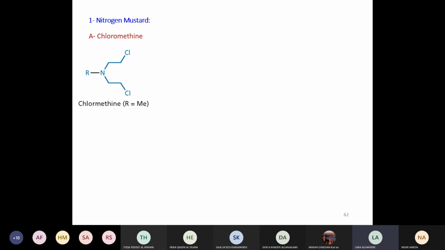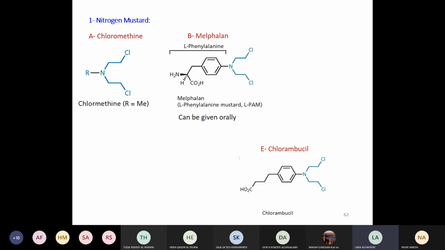The development of chloromethane was in order to give still alkylating agents, but less toxic alkylating agents, via attaching groups to the nitrogen that withdraw electrons via resonance, such as in the case of melphalan and chlorambucil, where they've attached benzene rings.